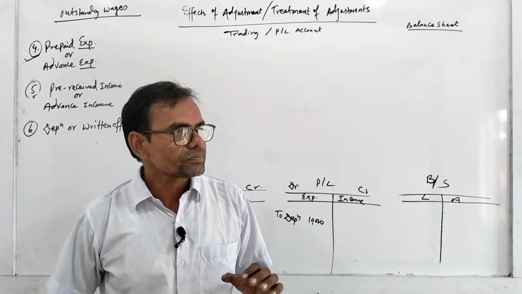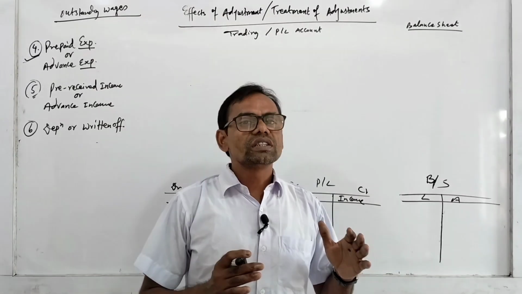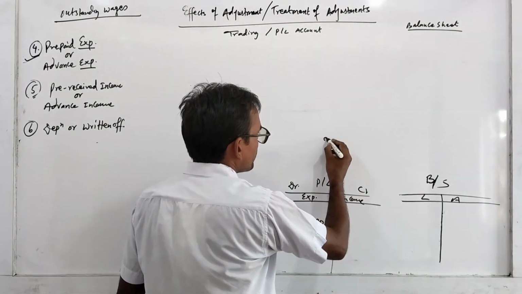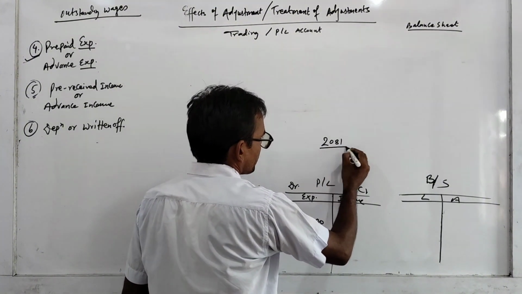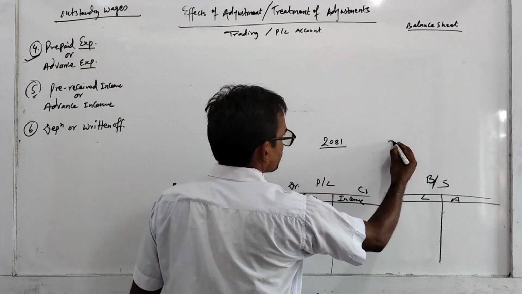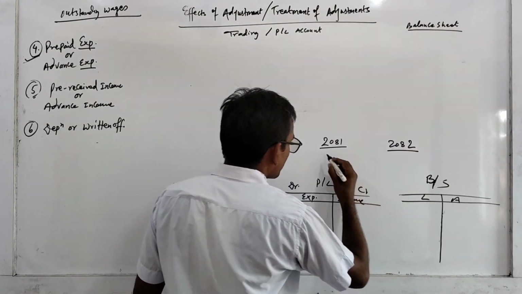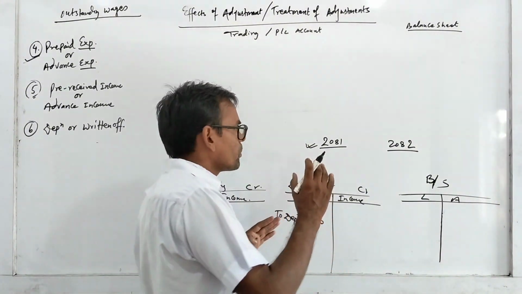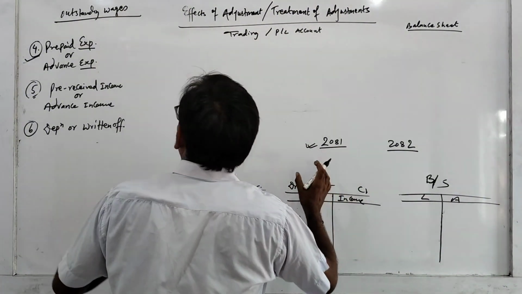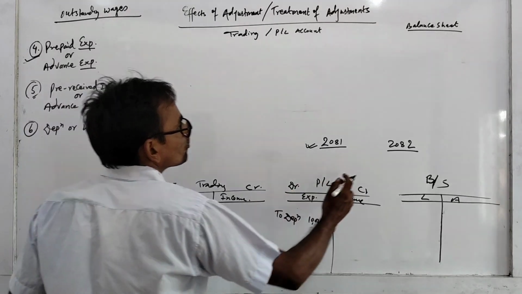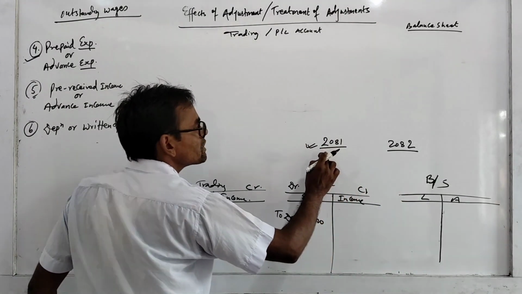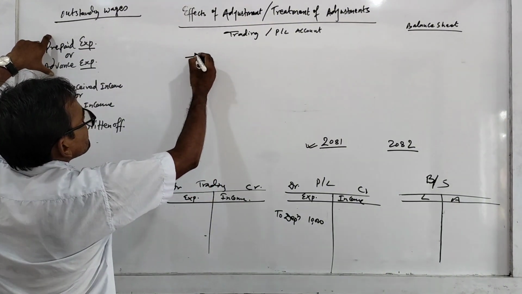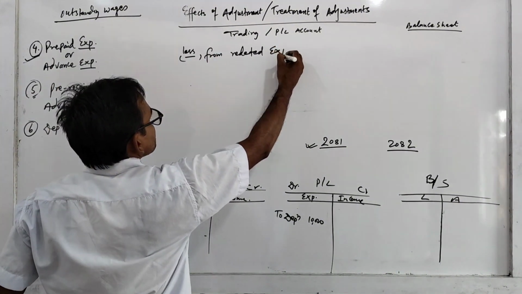Okay, so next point is prepaid expenses. The expenses which is not related of the current year. Suppose we are in 2081, but this is expenditure of 2082. We are going to close the books of account of 2081, and this is expenditure of 2082, but wrongly it is paid, and therefore this expenditure should be less from related expenses.